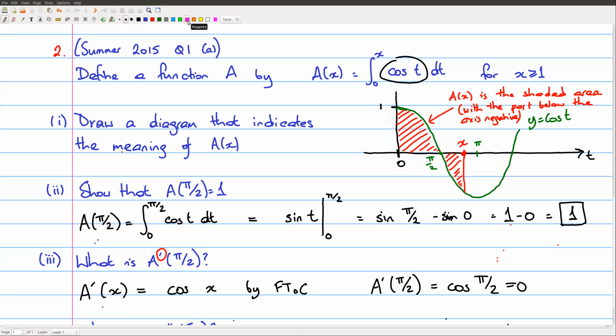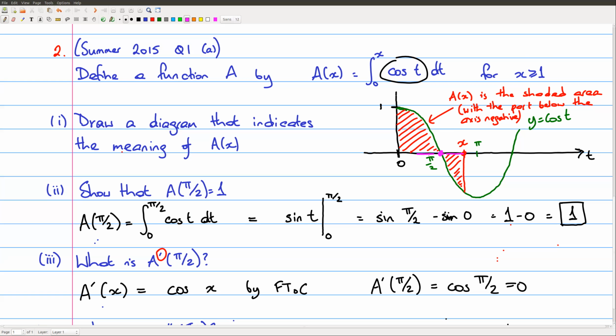If you're in any doubt about this and you want to think about it in terms of the picture, just notice what's going on here at pi over 2. The value of cosine of pi over 2 is 0, so the graph is just crossing the x-axis at that exact point. Thinking about what the function A is doing in terms of the red area that's been accumulated, imagine x varying up and down the horizontal axis.